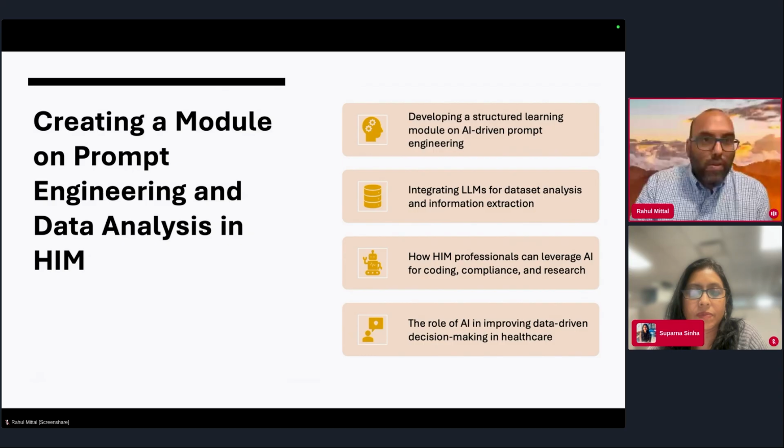For one of our other modules, we're hoping to ask the students to finish a small module on prompt engineering and use that independently to analyze a data set that we will provide them. At the same time, we will make sure that they are stress testing the outputs and critically evaluating the output at all times.